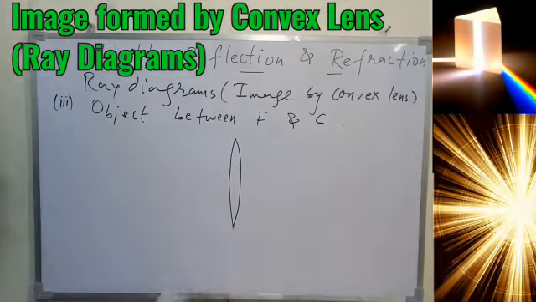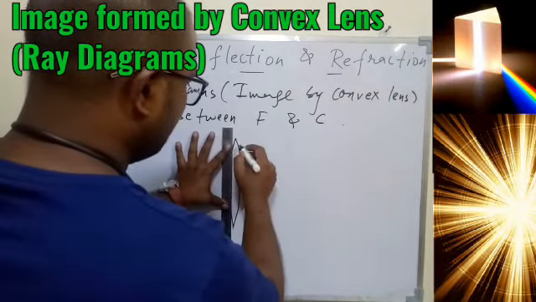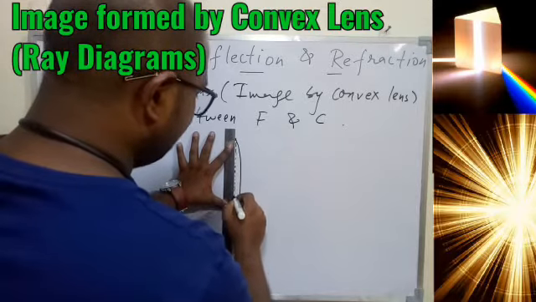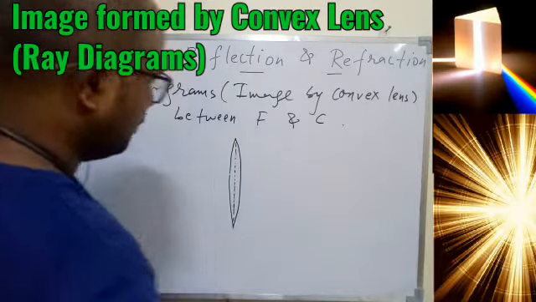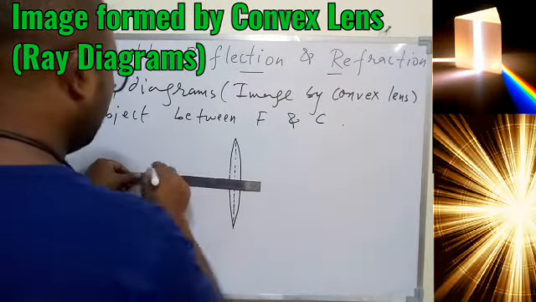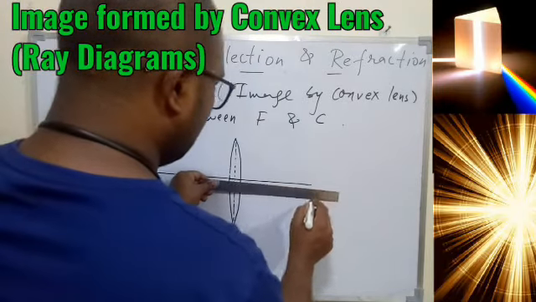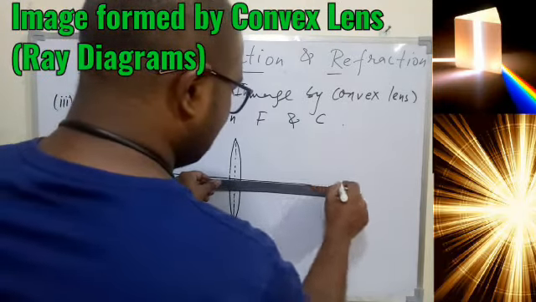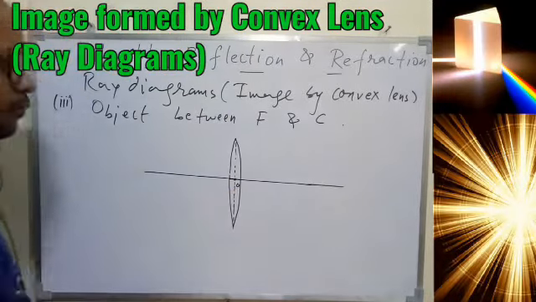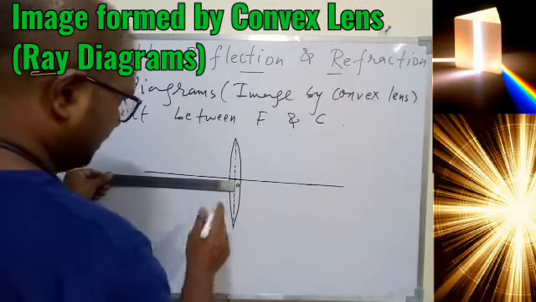So very first, repeating again, make the convex lens, give proper shape to the lens, and at the center draw the dotted line which can show the aperture. Then the principal axis properly passing through the center of the lens, and that is also called optical center O. Then we have to give equal divisions on both sides from the center.